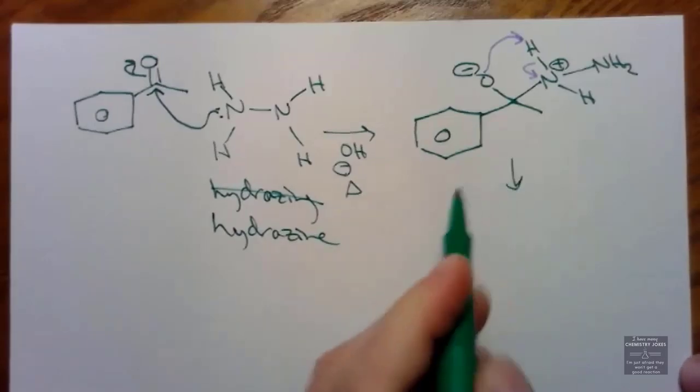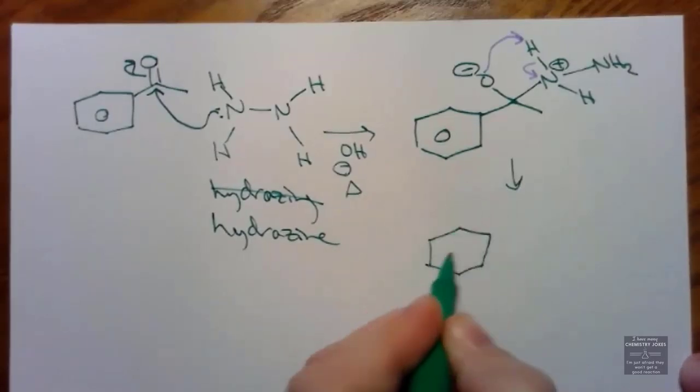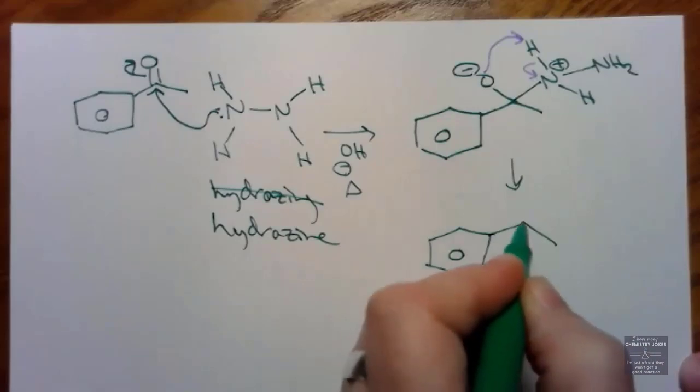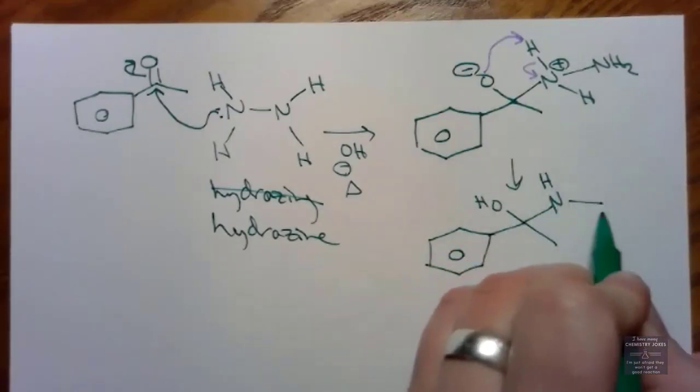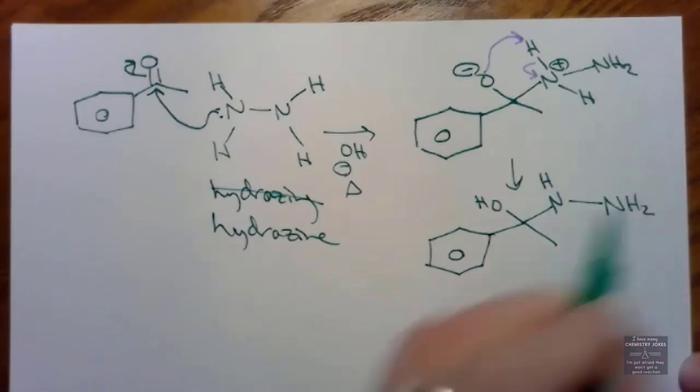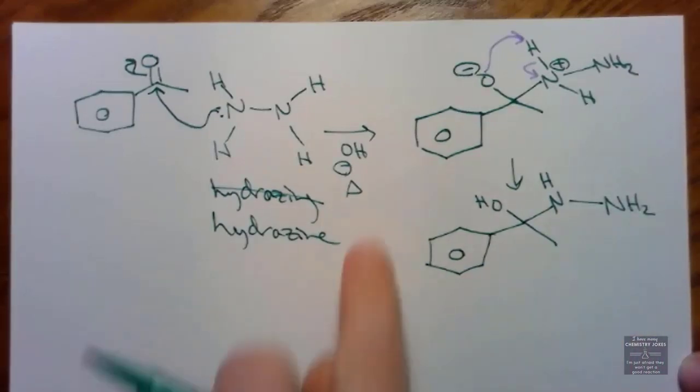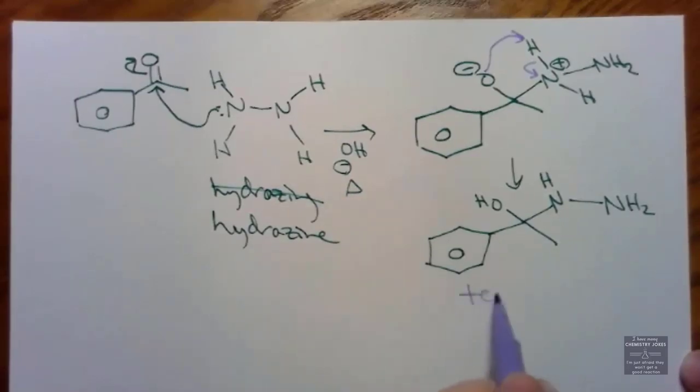Nah, but that's okay. What would really happen, we think, is the oxygen would get a hydrogen from something, and then the nitrogen would lose a hydrogen, like maybe hydroxide comes to get it. But we end up here with a neutral tetrahedral intermediate.